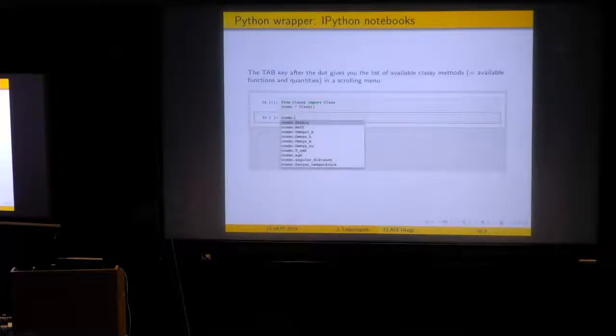And I want now to do some cosmology with this. And I forgot what I can ask of this class. And if you use the tab key, .tab, you get a list of all what you can do. These are just the first options, because in fact, you will get here a scrolling menu, and you can scroll to get many more. There are many more things than this.